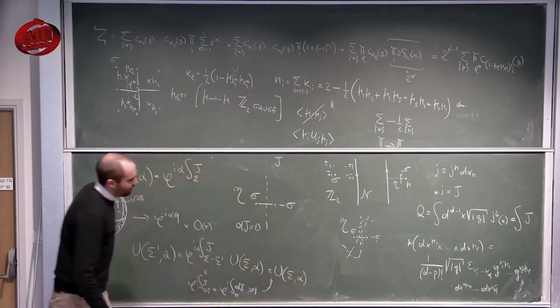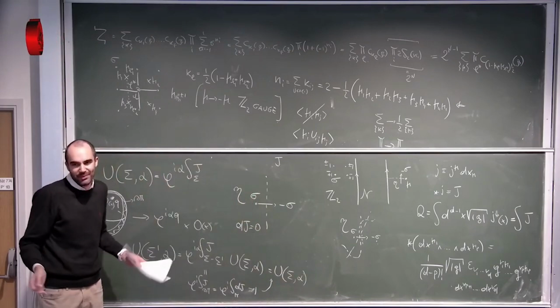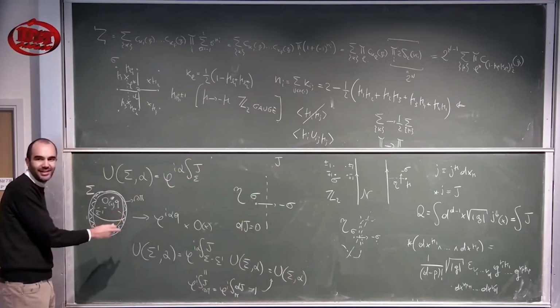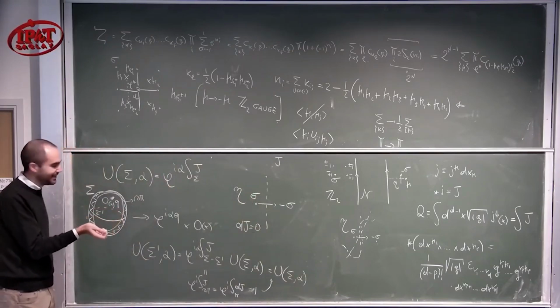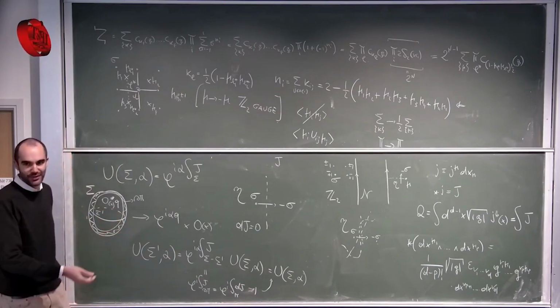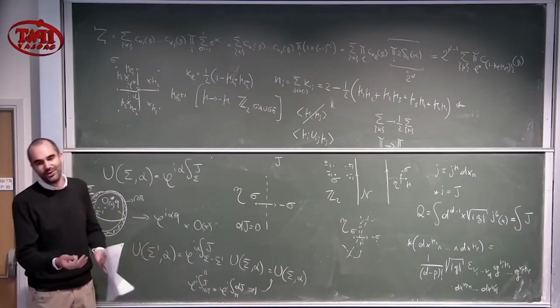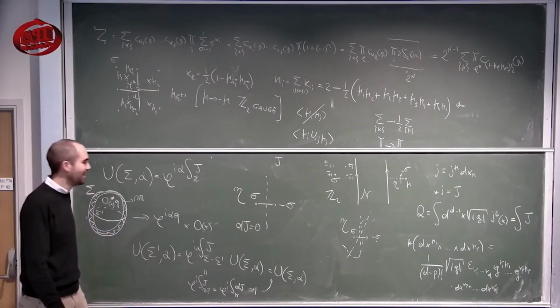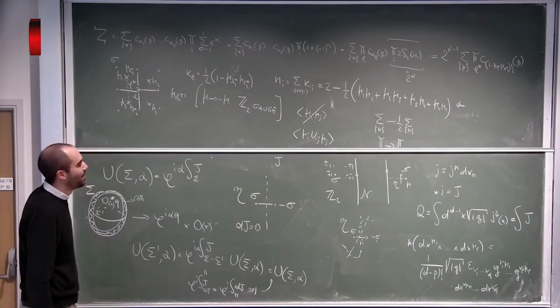It's not completely true that they're topological, because if you put a charged object and you deform the surface, there is a difference. But people call them topological for this reason, because they're almost topological. If you deform a bit the surface, nothing bad happens.